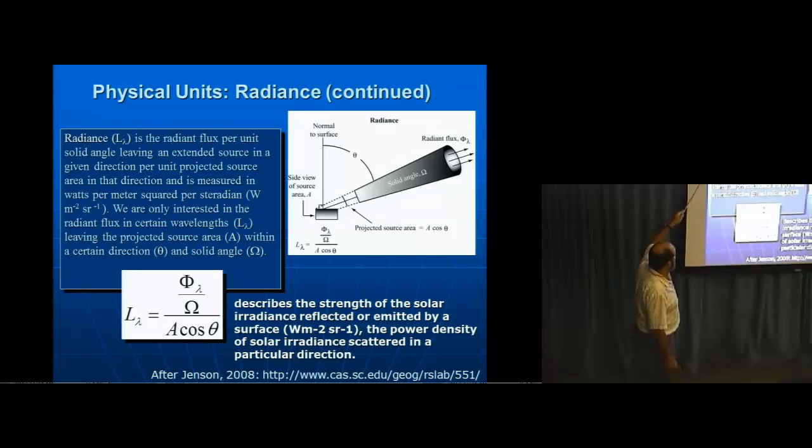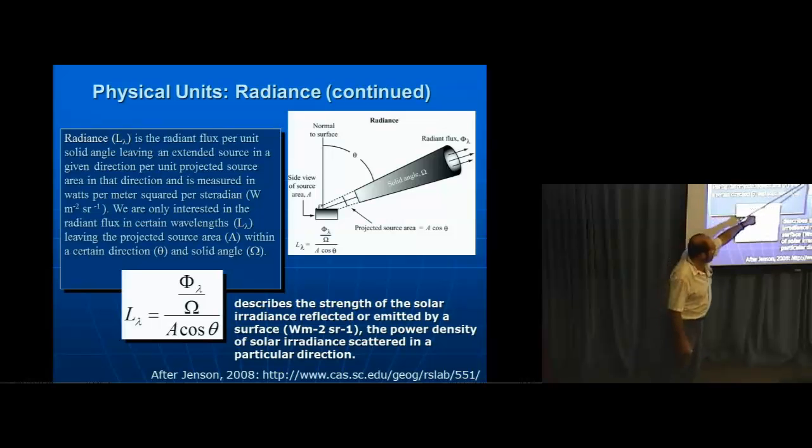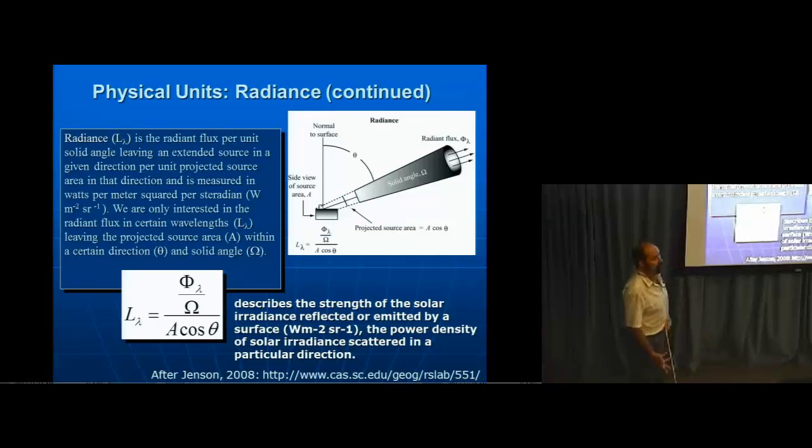And radiance then is the flux per unit over solid angle leaving a body. So it's over in some direction. Okay? And that's the formula. It describes the strength of the solar radiance reflected or emitted by a surface in watts per square meter per steradian. So it's over some angle.